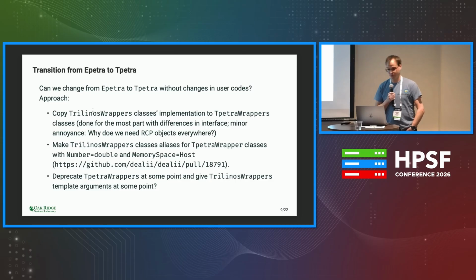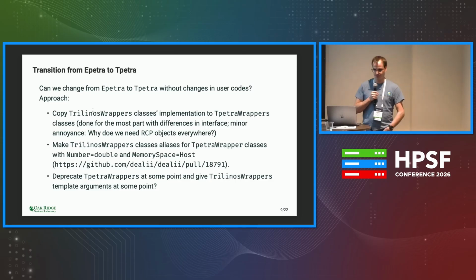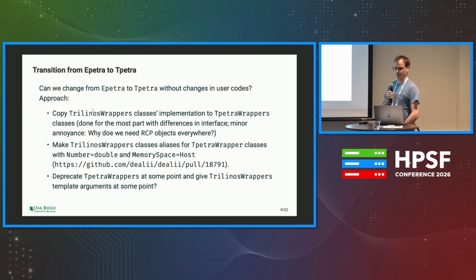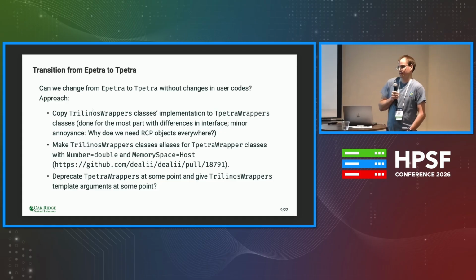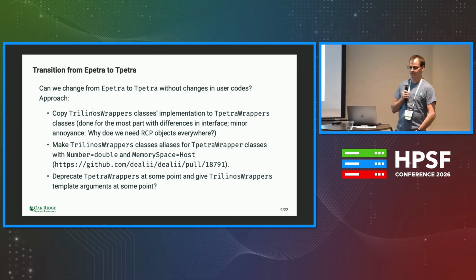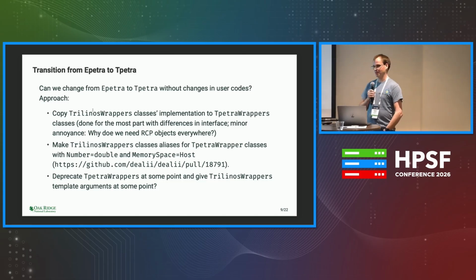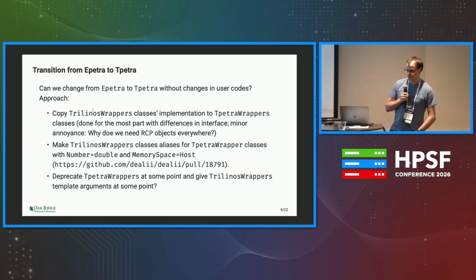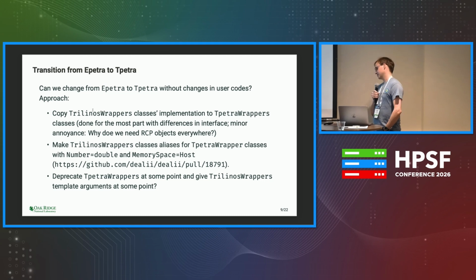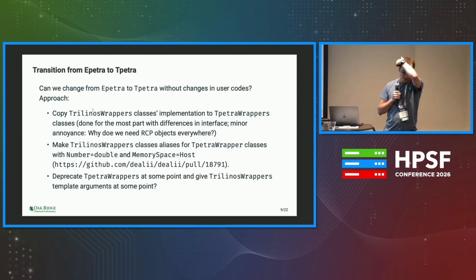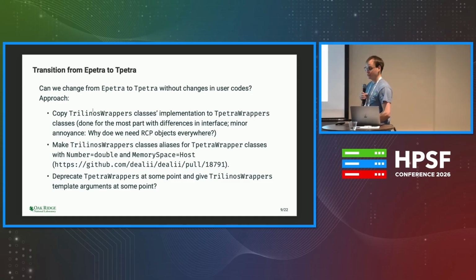For the future, it's interesting to see what we want to do with Tpetra wrappers and what we want with Trilinos wrappers, because Trilinos wrappers means double and memory space host, but that's not what you really want as a user. So if you look forward, you probably want to use the Tpetra wrappers namespace, but maybe we can deprecate it at some point and just give the template arguments to Trilinos wrappers too.